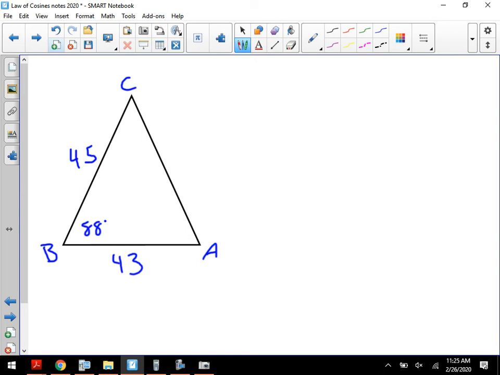B squared plus C squared minus 2BC cosine A. Look for the pattern. See if you can pick out the pattern of what I'm doing. Remember, I'm not going to make you memorize any of these. I'll always give them to you. You just have to know how to use them.